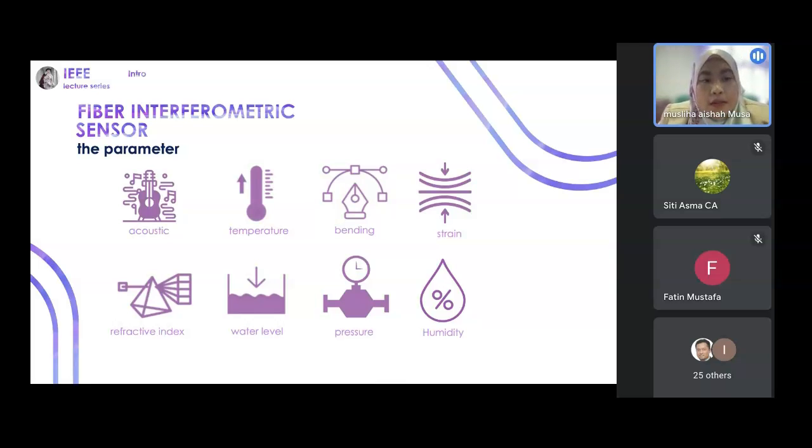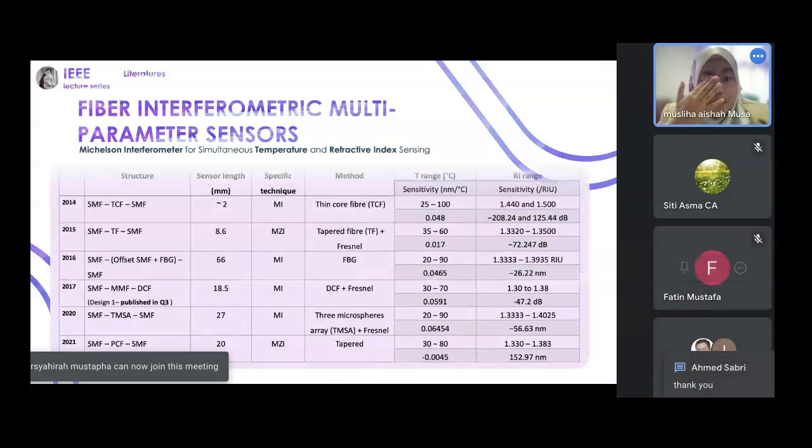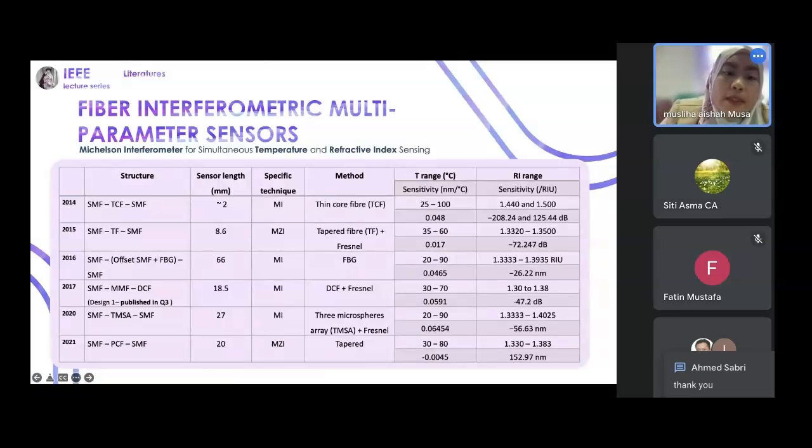Okay. Then we move to the literature review. I give this example, the Michelson interferometer for simultaneous temperature and refractive index sensing. As we can see here, they use a thin core fiber, as I showed before, and the technique that they use is the Michelson interferometer.